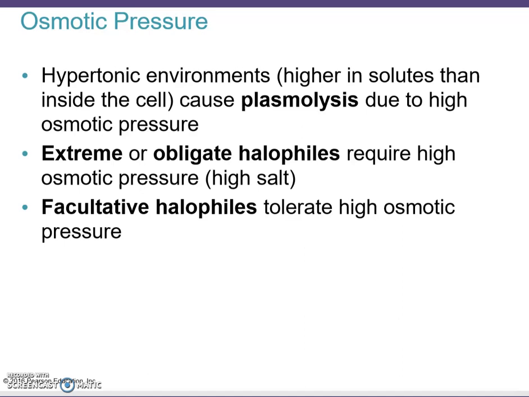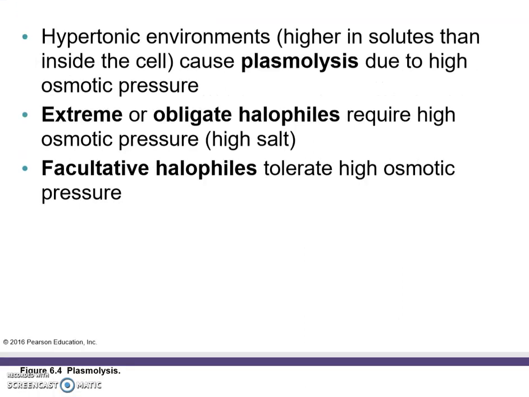Now, there are a couple of bacteria that can withstand that. Those are extreme halophiles or obligate halophiles. So these are archaea again. They actually require high osmotic pressure to thrive in that environment, but most organisms will not be able to grow in a high salt concentration. Therefore, high salt concentrations are quite a good preservative. There are some facultative halophiles that can tolerate high osmotic pressure, but it's rather rare.